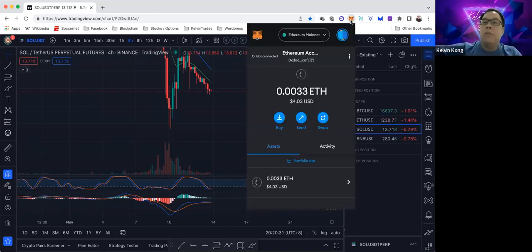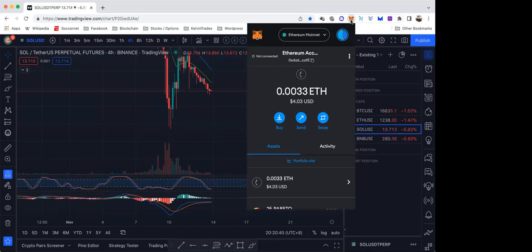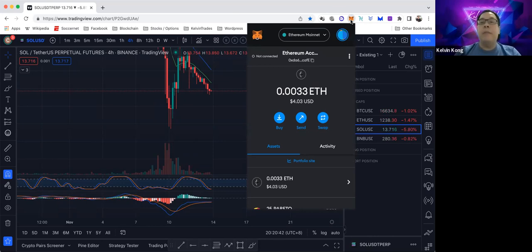Mine is a bit slow. Can you see my MetaMask? Finally, it opens. Can, right? You can see my MetaMask just open on my browser.